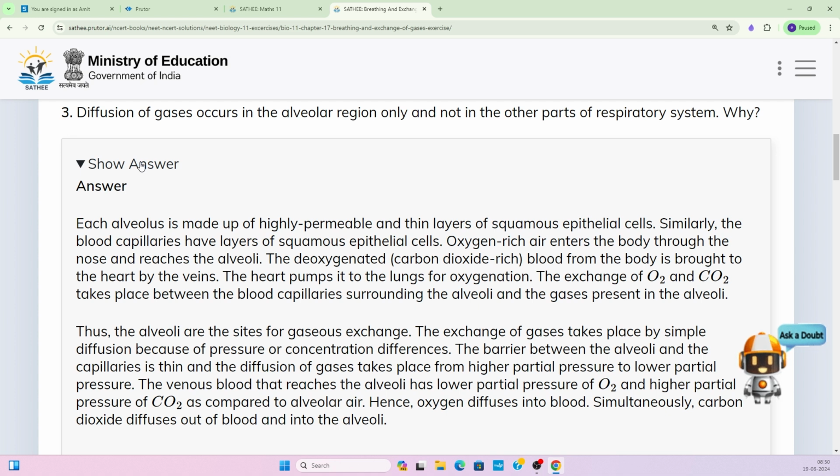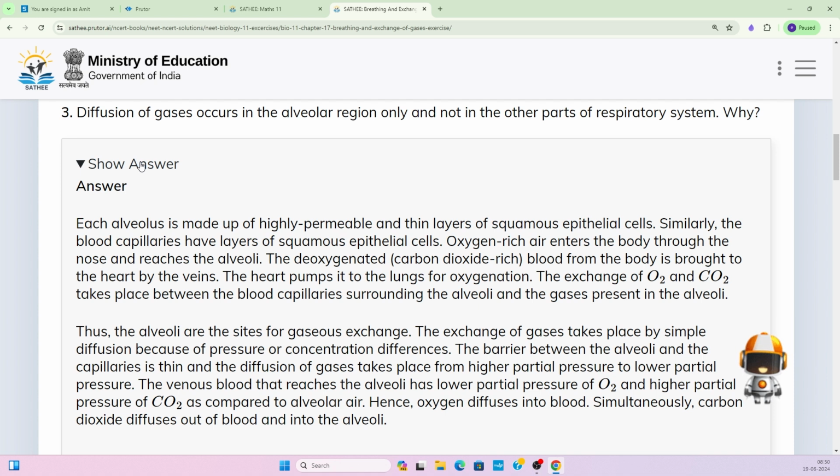The blood capillaries have the deoxygenated, carbon dioxide-rich blood, whereas the alveoli are full of oxygen, right? So according to the concentration gradient, the exchange of gases takes place. The oxygen moves to the blood in the capillaries, and carbon dioxide moves towards the alveoli, right?